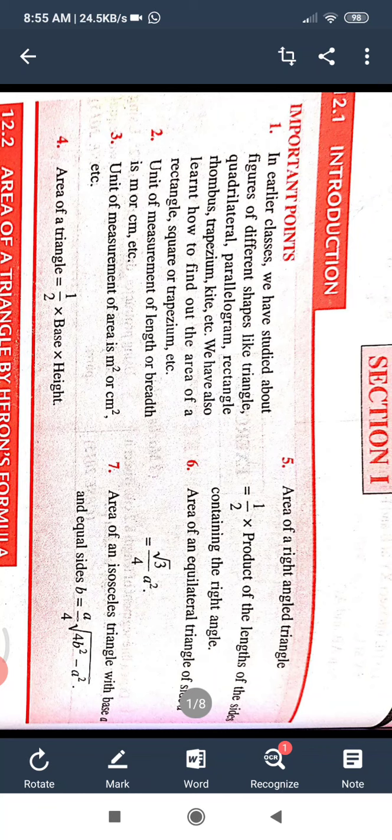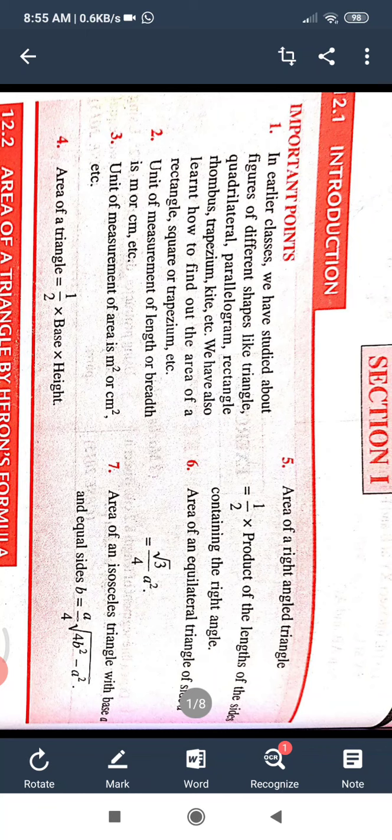Area of a right angle triangle is equal to 1/2 multiplied by the product of the lengths of the sides containing the right angle, meaning base multiplied by altitude. And the area of an equilateral triangle of side a equals √3/4 a square, where a is the side.